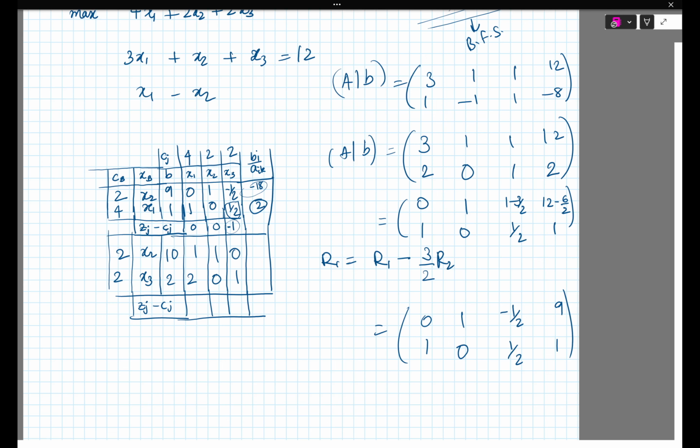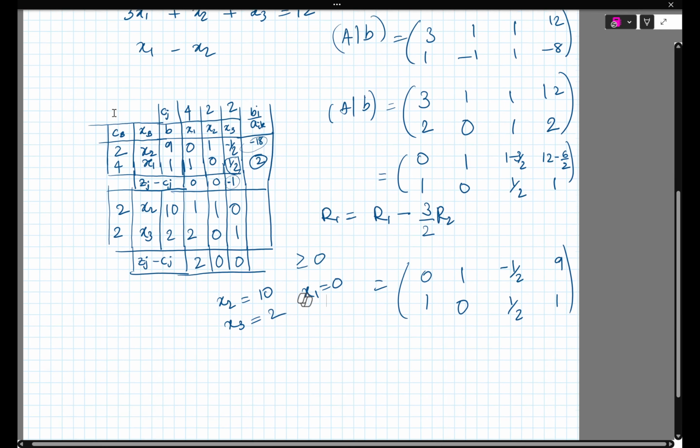So what do we get here? 4 plus 2, 6 minus 4 is 2. 2 minus 2 is 0. And here also 2 minus 2 is 0. Okay, this is cancelled. So you get x2 equal to 10, x3 equal to 2, and x1 equal to 0.